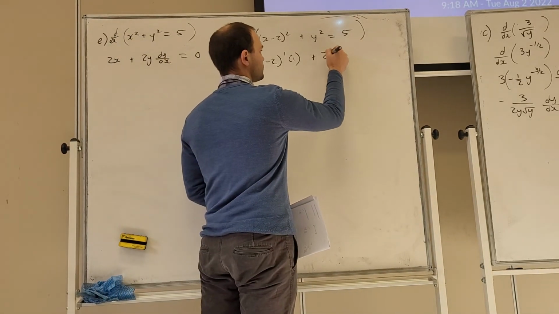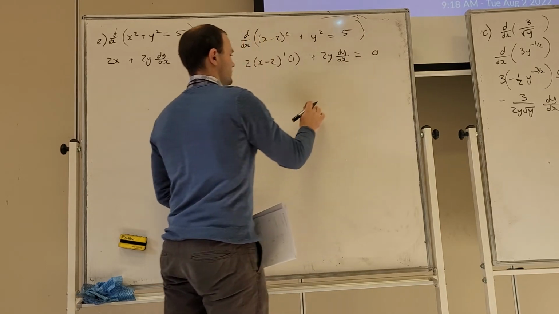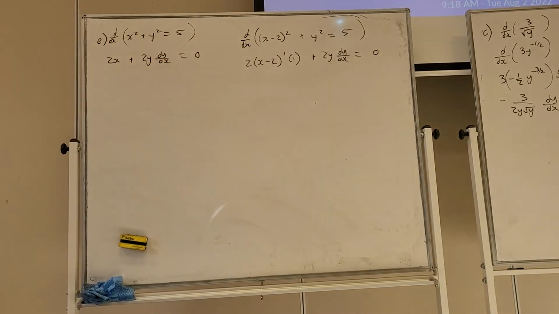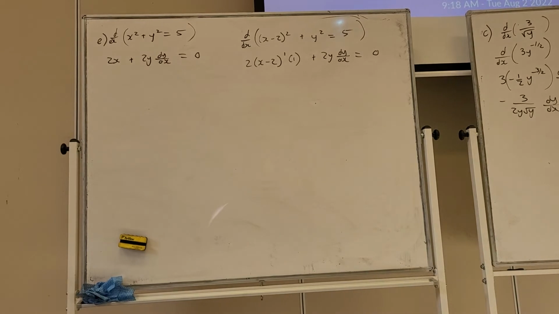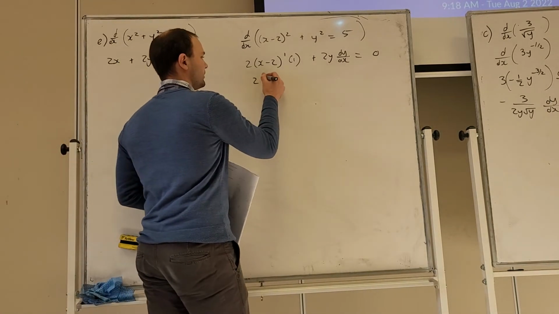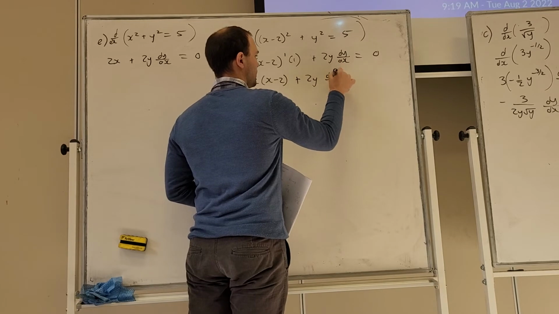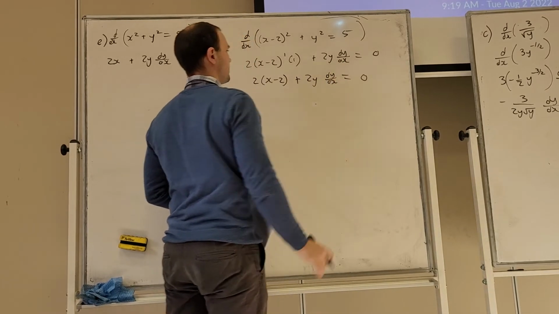Then we have plus 2y dy on dx equals 0. Okay, so let's just simplify it a little bit. We've got 2 times x take 2 plus 2y dy on dx equals 0.